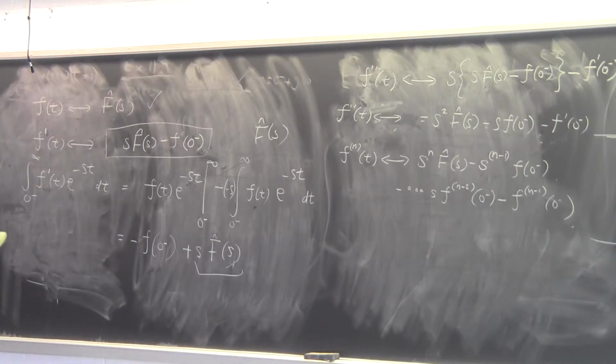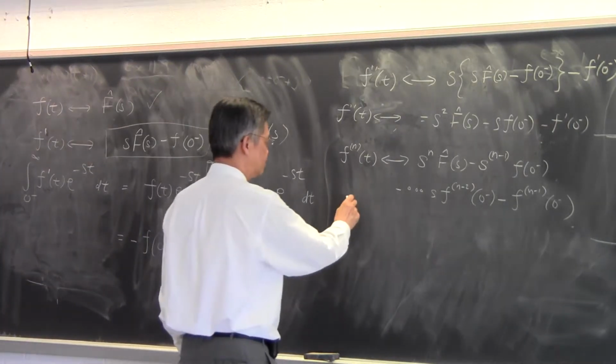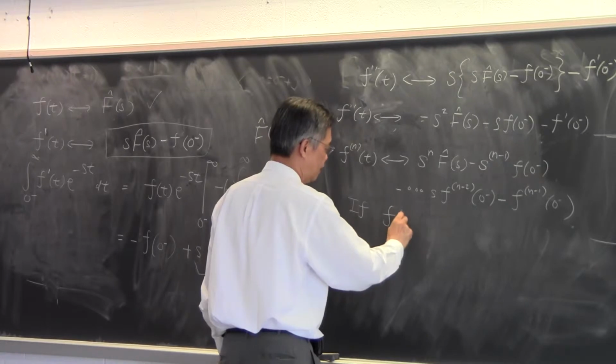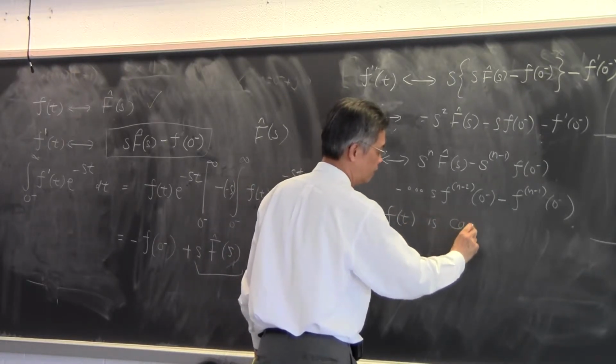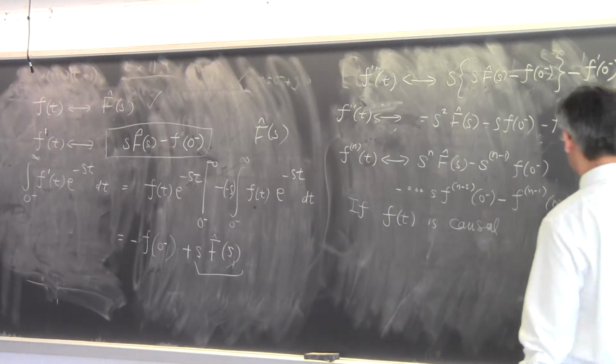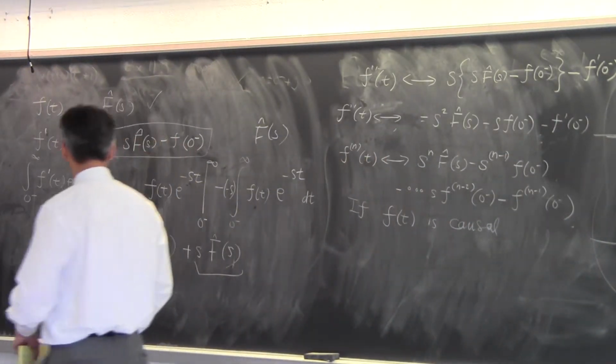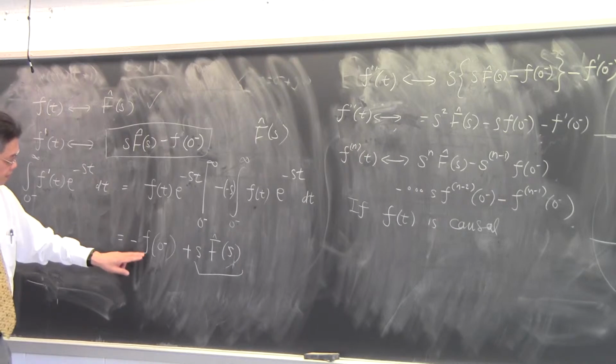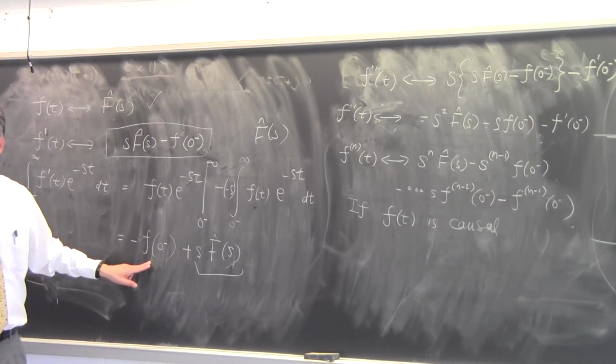But if a function is causal, if f of t is causal, like this function over here, then all these initial-value terms always evaluate to 0 by the definition of causality.